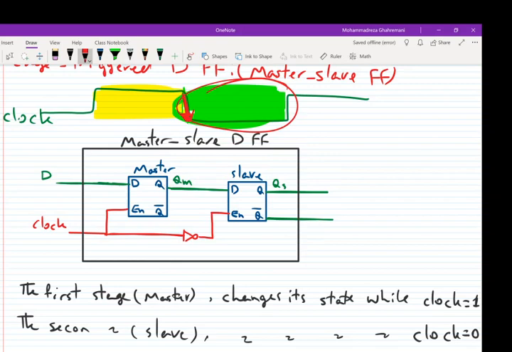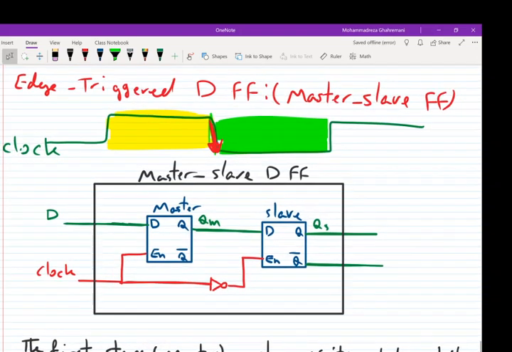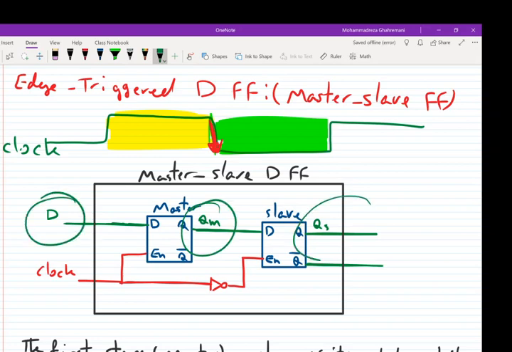So let me explain one more time. As long as we are in the yellow highlighted area, QM follows D, but QS is constant because the slave is off.